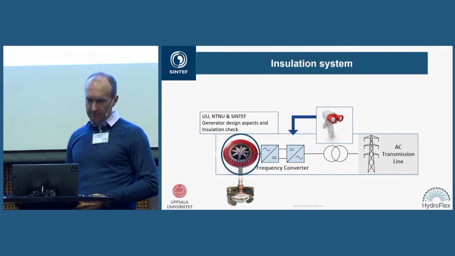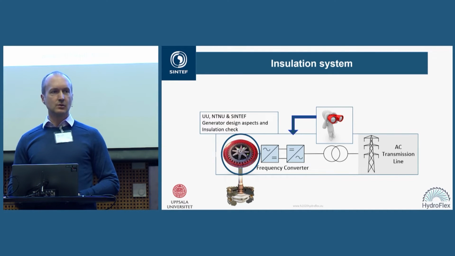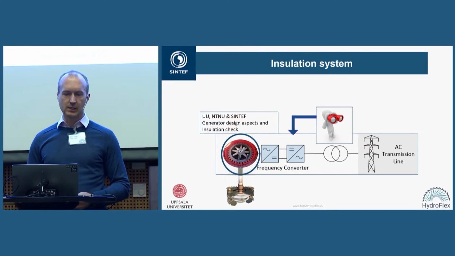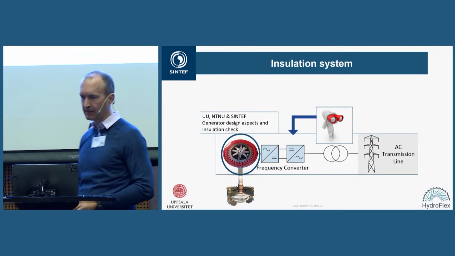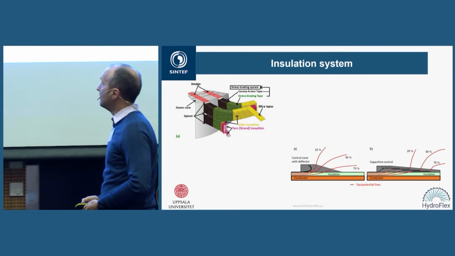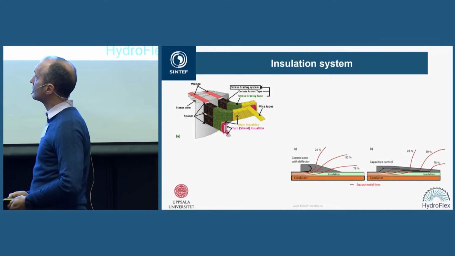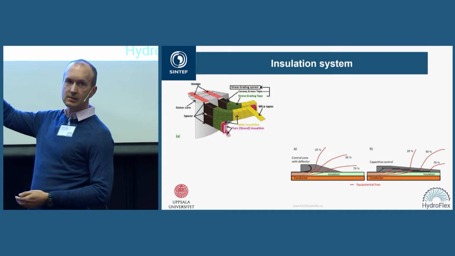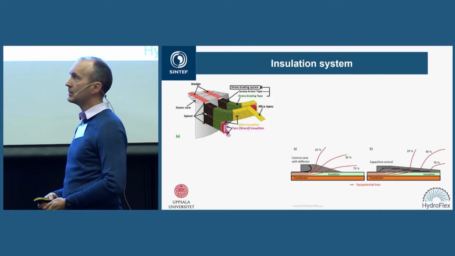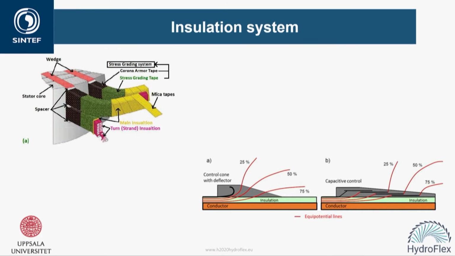So the next parts have been looking into the generator, looking into the insulation, and also how we can design a machine which is more suitable for this converter-driven generation. So what about the insulation system? Well, the focus has been on the stress grading tape. What you see here in green are the stator bars coming out of the stator core, and they have different types of insulation levels when they exit the stator core.